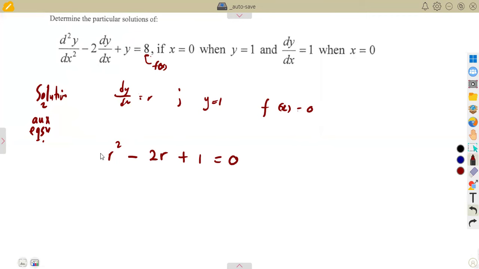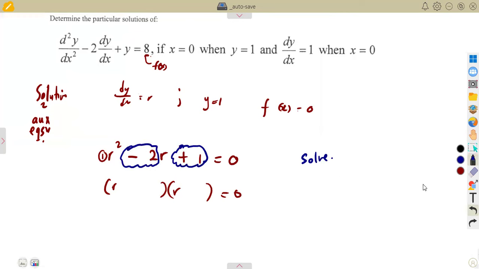So that's our auxiliary equation, where we are supposed to solve and determine the values of r. Using the quadratic formula or even factorization, the factorization can be direct. The coefficient of r squared is 1, so it's going to be r times r. The factors of positive 1 should give us negative 2, that is negative 1 and negative 1.